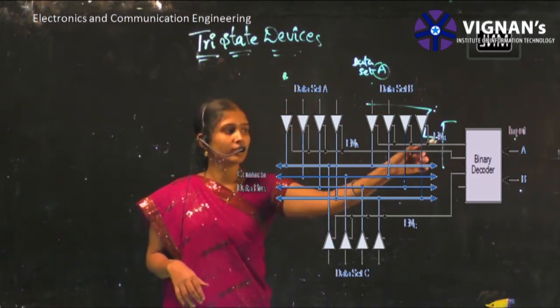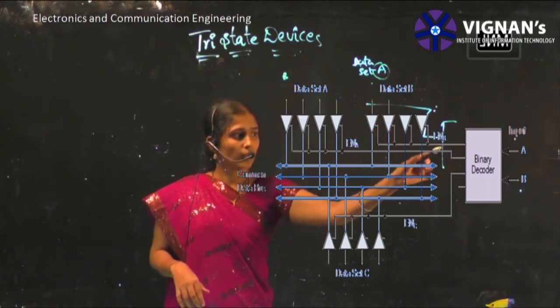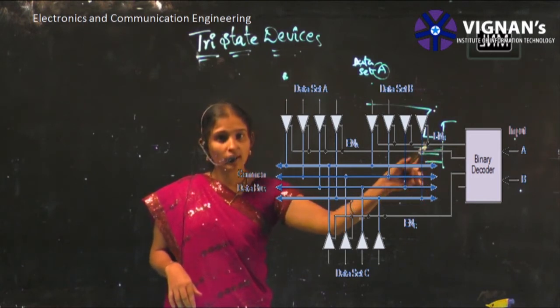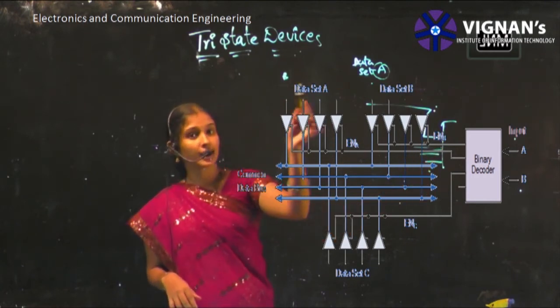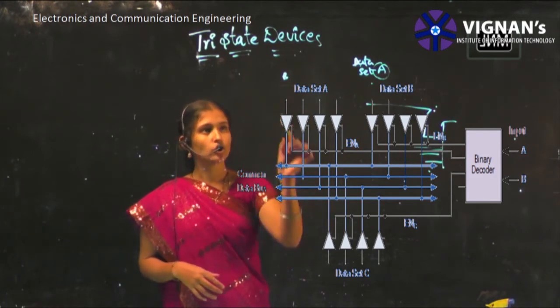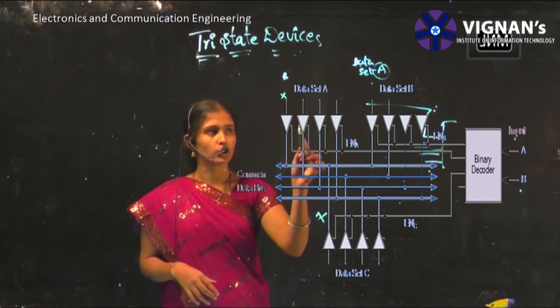Why? Because only one will be active high and that is given to the enable input, whereas all the remaining will be active low. As all are active low, and they are given as enable inputs to bus B and bus C, these two will not work.